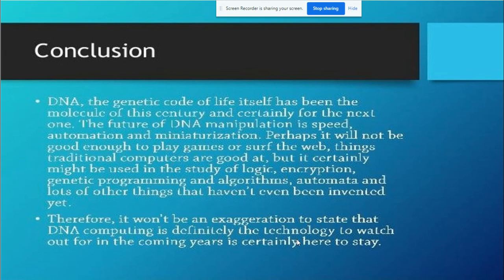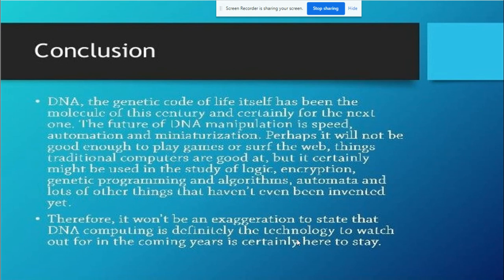Perhaps it will not be good enough to play games or surf the web. Playing games and surfing the web is basically for conventional computers, while DNA computers generally go with studying problems like logic, encryption, genetic programming, algorithms like automata, and lots more.